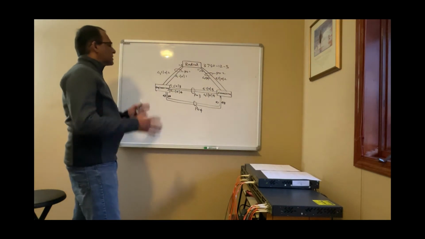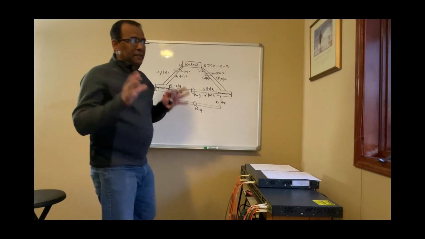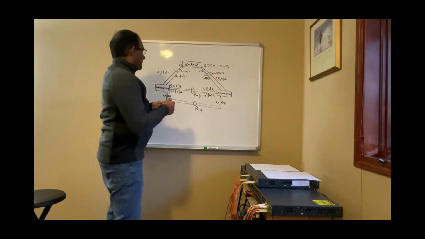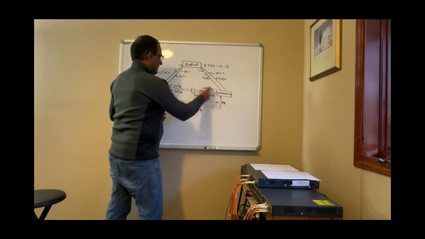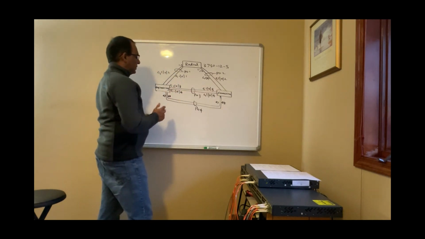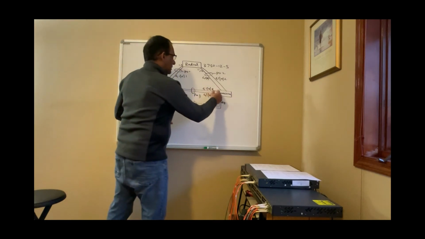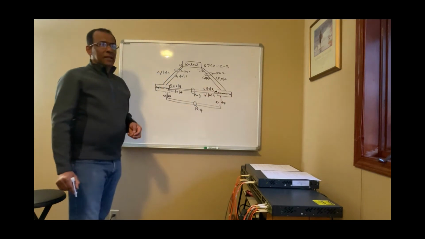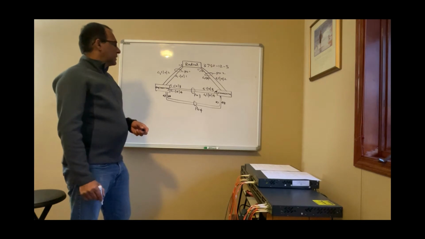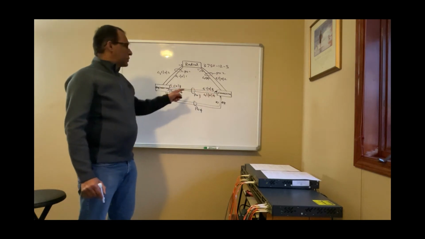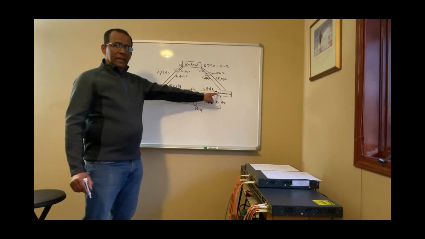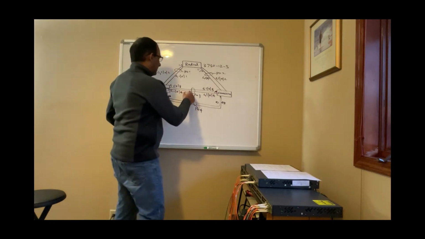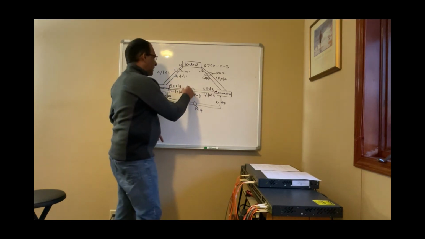So let's look at the technology behind EtherChannel. Think about you have two links here, and if you connect these two links, spanning tree will block one link because it doesn't want to create a loop. So you will have active, passive forwarding here.